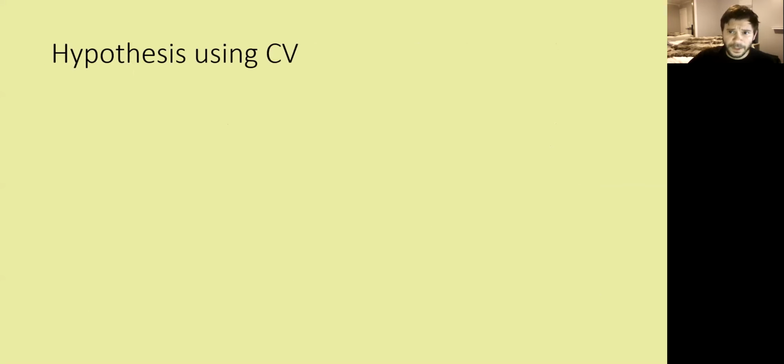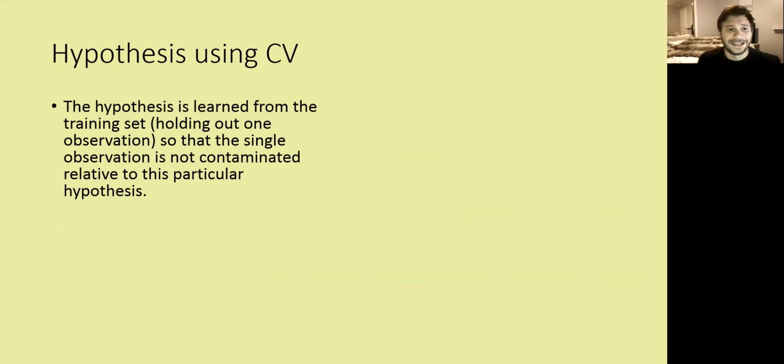So in terms of using cross-validation here, the hypothesis is learned from the training set, right? So that the single observation is not contaminated relative to that particular hypothesis. That single observation we held out, we didn't see that when we built the model.